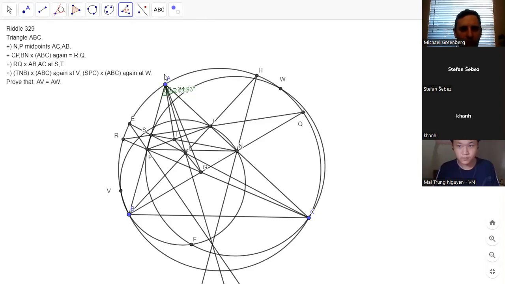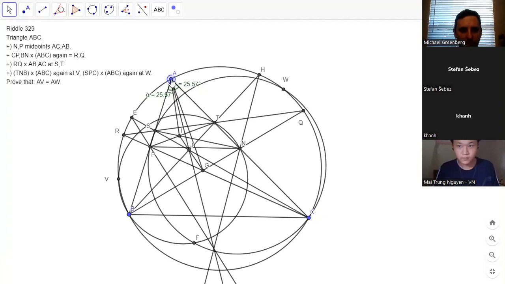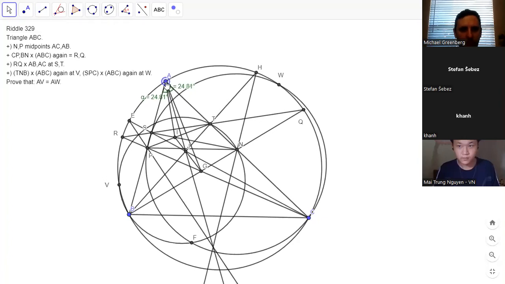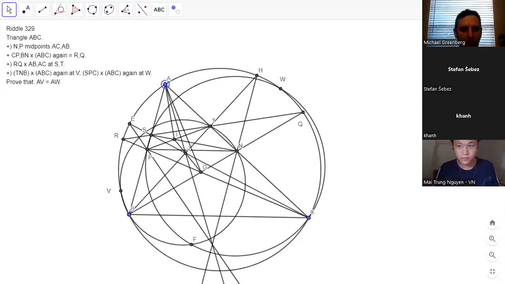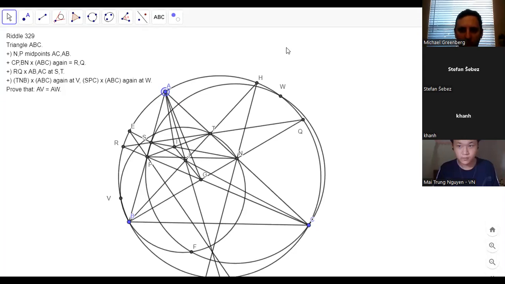It looks like it's true. I think it's true. Yeah, check. But I think I is the NS intersect point. I is where NS and PT intersect. Yes, that's what I is.